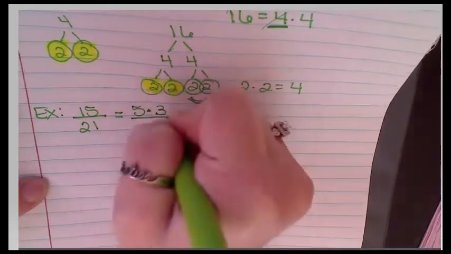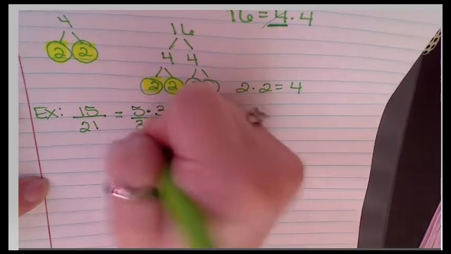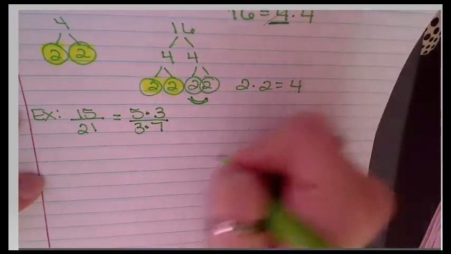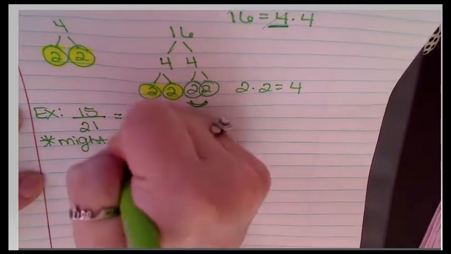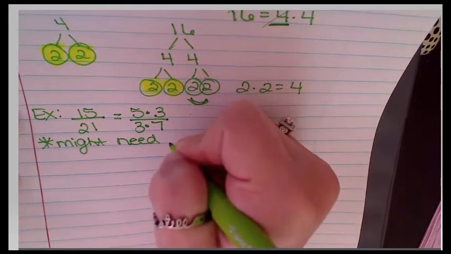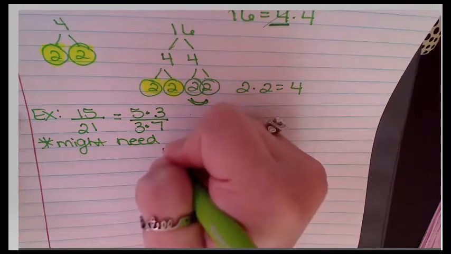And what gives me 21? 3 times 7. This is a good thing that we might need to go refresh ourselves on our times tables. And it's really, really recommended that you know all your times tables just by heart, because it'll take you a lot longer to do the problems if you have to punch them into your calculator.